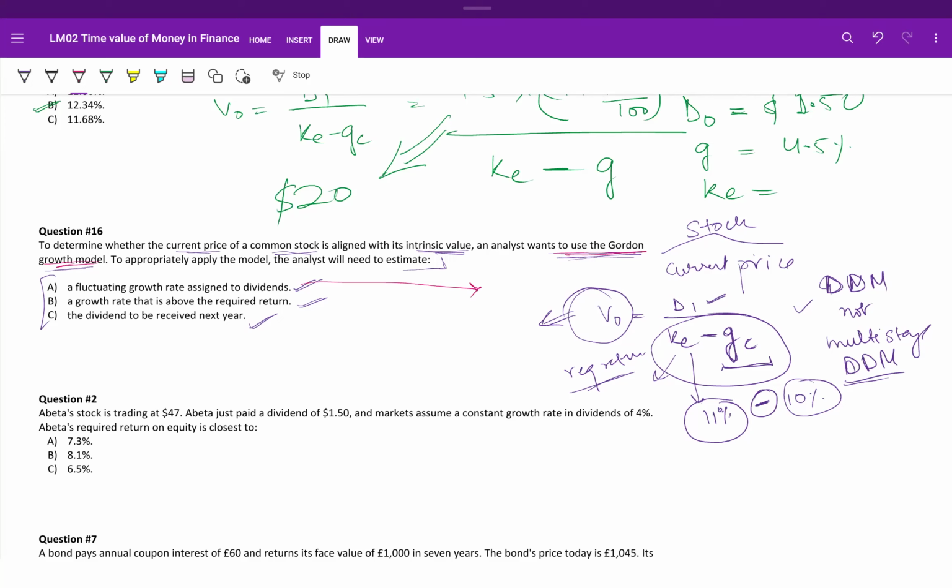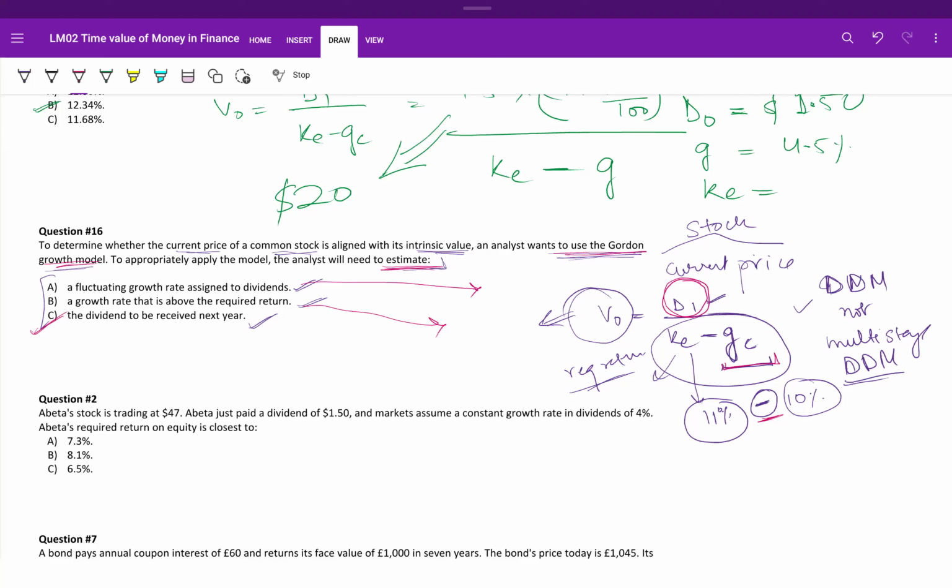If so, this becomes a negative value, which we do not want. And the dividend to be received next year? Yes, we want this. This is the only condition, the correct answer as per the situation. So understand the context of the question, what the question is asking. I hope this is clear.